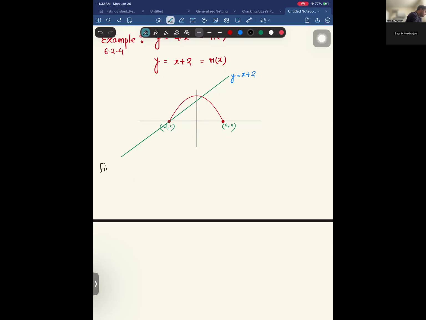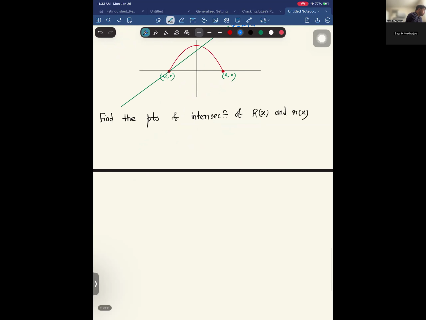Okay, first of all, find the point of intersection of R and r. How do you do that?